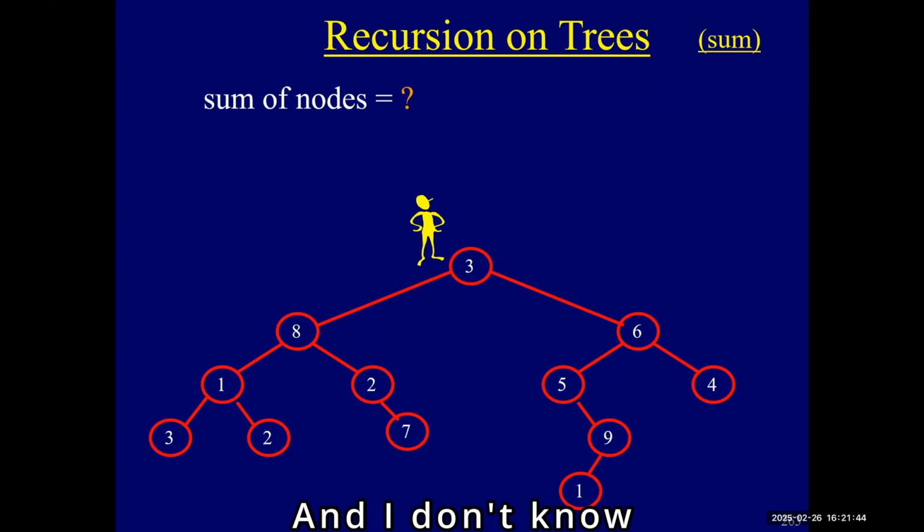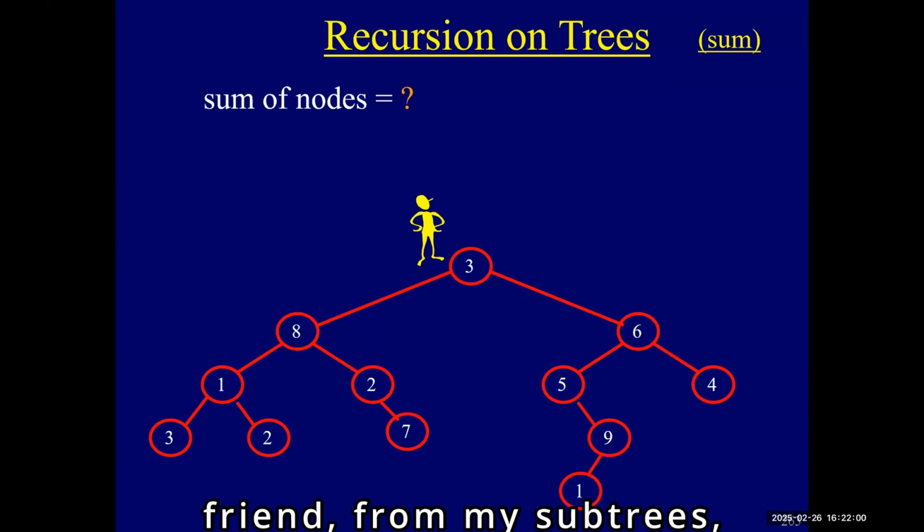And I don't know if it's future slides or past slides, but if you need more information from your friends, it's okay to change the post condition so it returns more information, right? Then I'm getting more information from my subtrees, which helps me solve the problem I want.